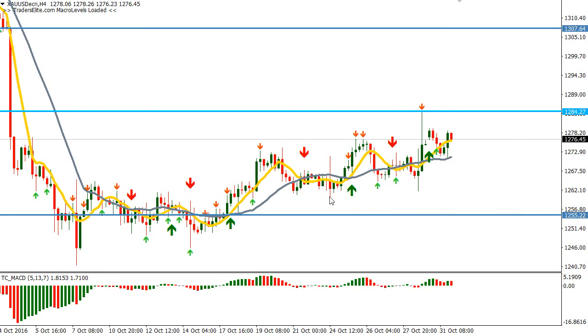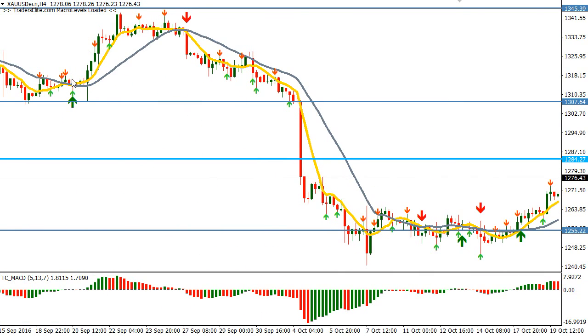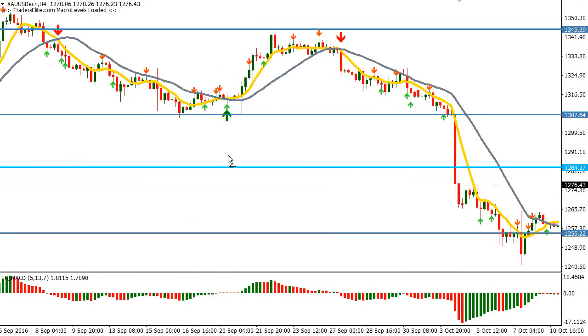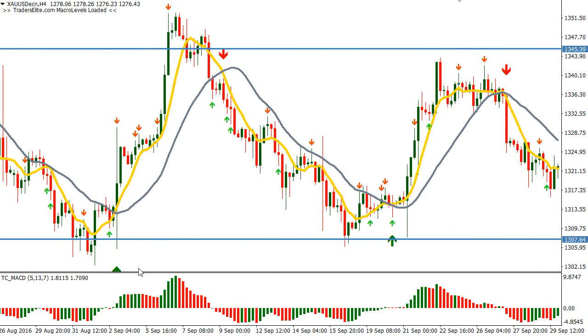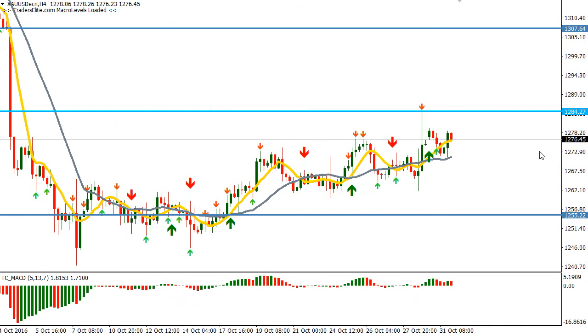And of course, we've got these big arrows here, which are trend catcher. Going back here, we've got some. That's a nice one there as well.